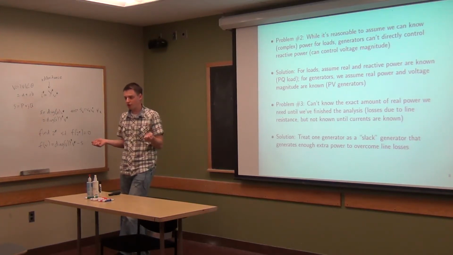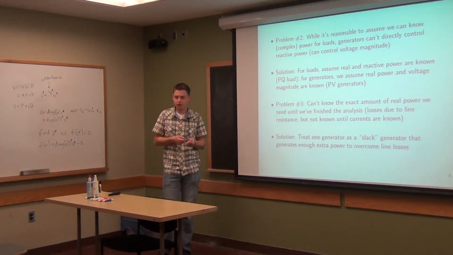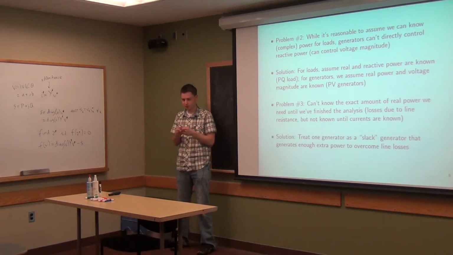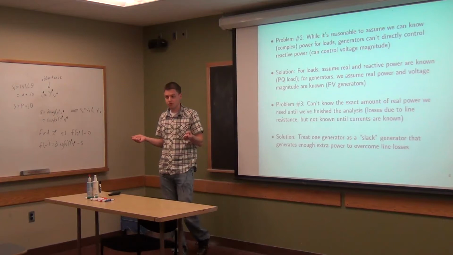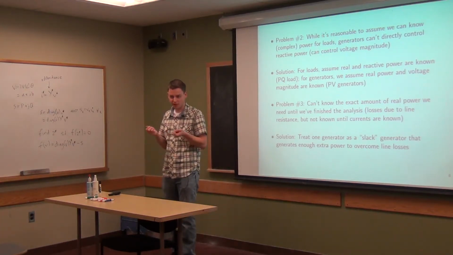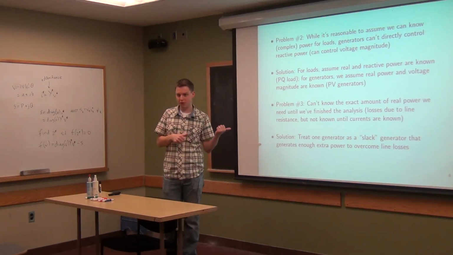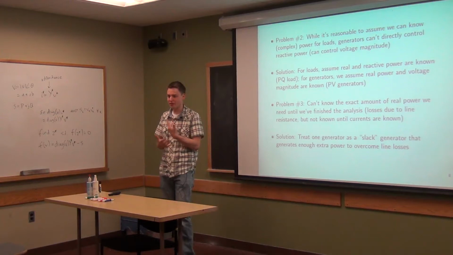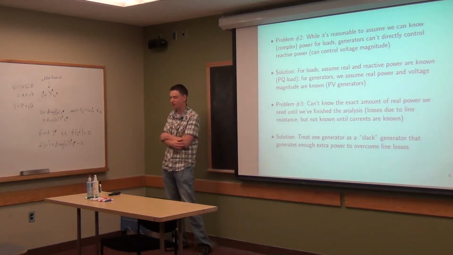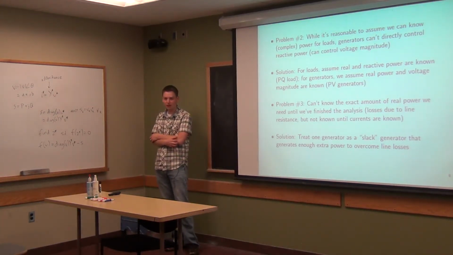This current, unfortunately, creates losses in the lines, right? The lines have some resistance, so there's going to be some loss there. We don't actually know how much loss there's going to be until we've solved the power flow equation. The loss determines how much power you need, so we're kind of at an impasse. We don't really know how much power you actually need to provide all those loads.